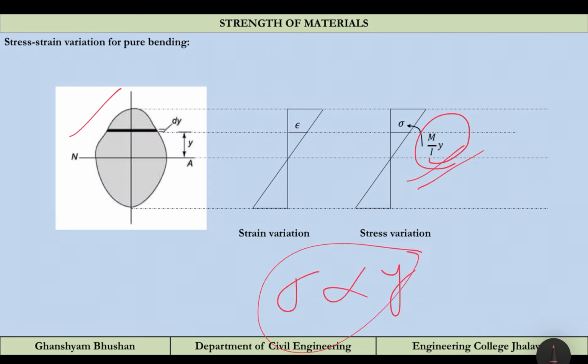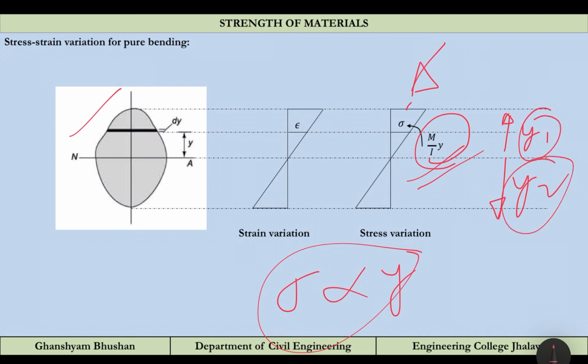So this variation you have to keep in your mind, you have to understand how it is coming. If the maximum stress is being asked in the question, and the distances y1 and y2 are same, then you can calculate here or here, you will get the same value.